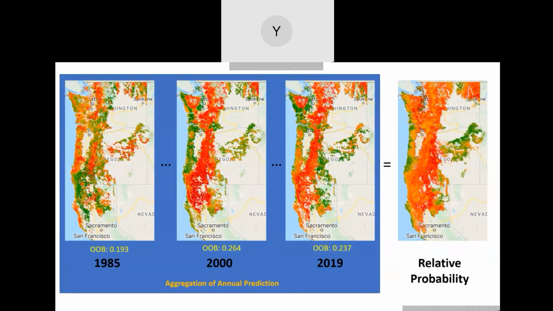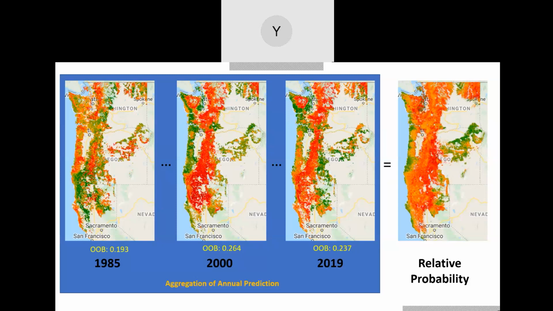This slide is showing how we model each year separately. One thing to note is that the color represents low to high, from red to green. The first thing to notice is that the refugia predicted by the model built for each year vary a lot. They're not consistent.